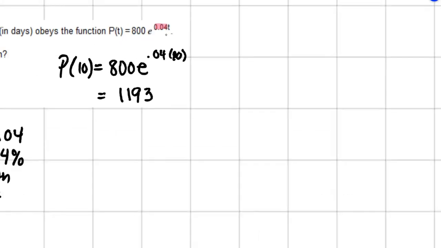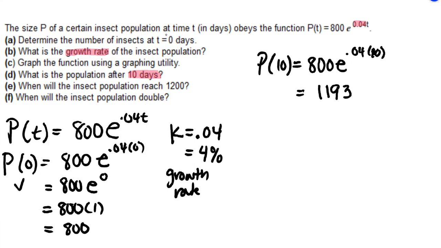Okay, let's see what the next part says. The next part says, when will the insect population reach 1,200? So what I'm going to do is substitute 1,200 in for P of t. P of t is the population after time. And then solve for t.